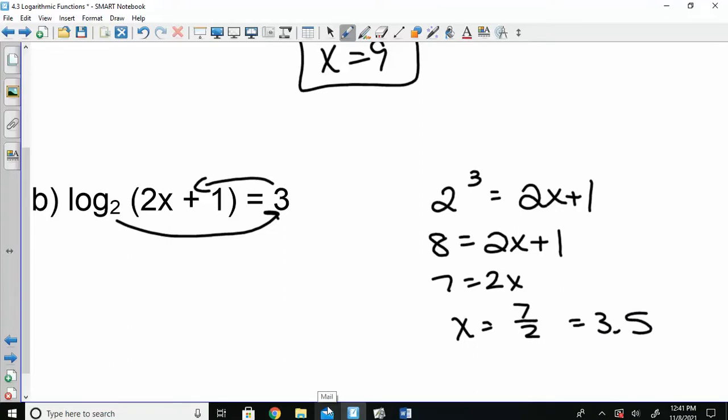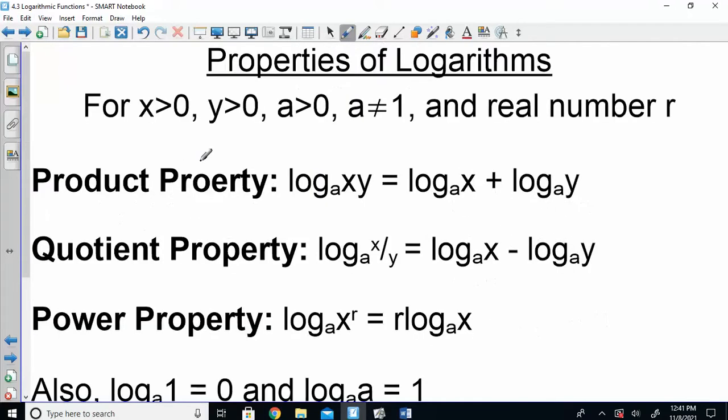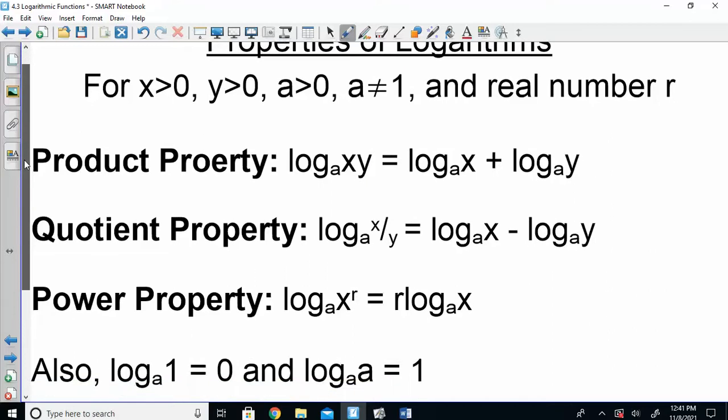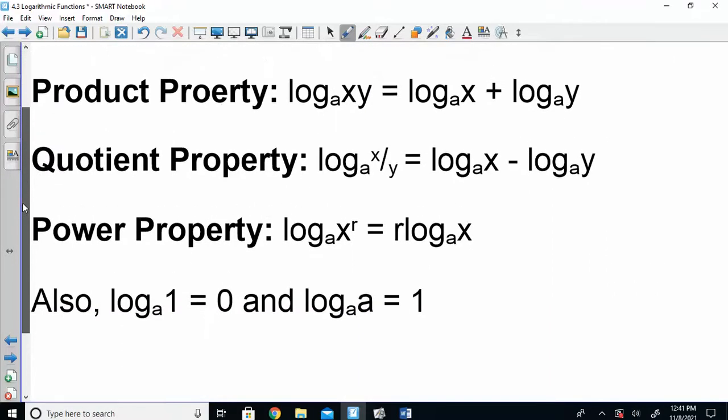All right. What I would like to do now is talk about some properties of logarithms. All of our properties assume that everything's positive because we know that logs only work with positives. So what you need to write down for your properties, got a typo there, the product, quotient, and power properties.